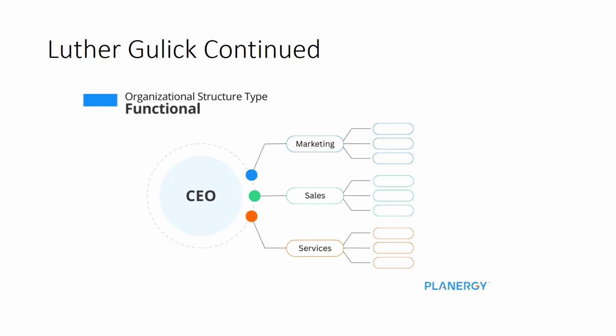You have a CEO, then all the delegating of the many contributions: your marketing, your sales, and your services. I think this is what Luther Gulick meant: the president doesn't have to have all these responsibilities, but can delegate them to others, people who are professionals.